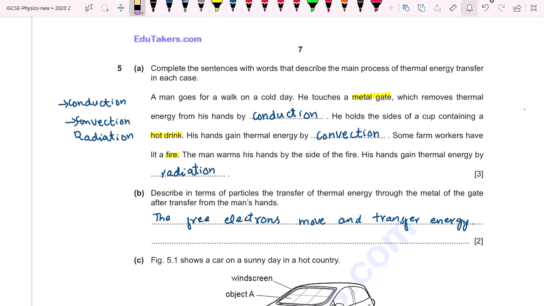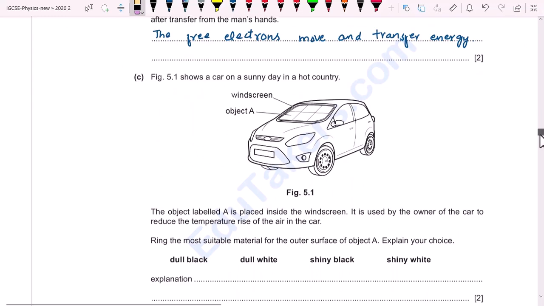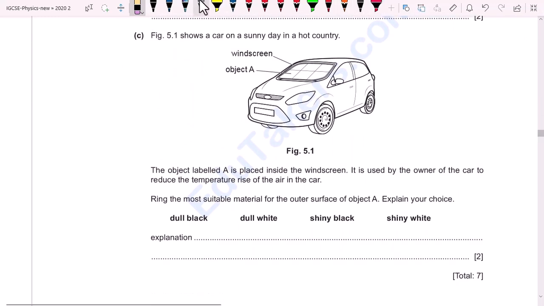Next part is C. Figure 5.1 shows a car on a sunny day in a hot country. So you can see here is a car and there is a windscreen and object A mentioned. The object labeled A is placed inside the windscreen.